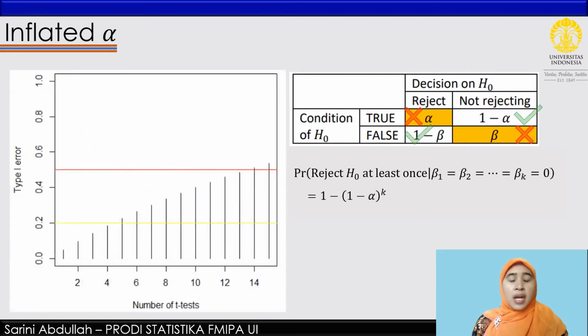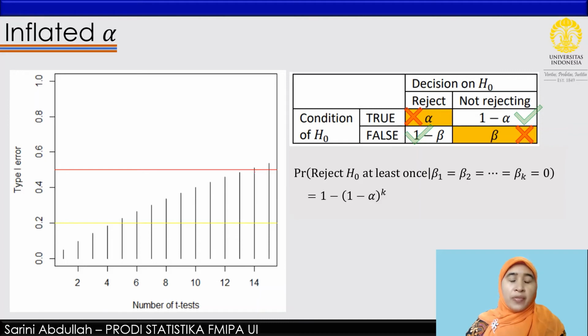Let's say here we did some simulation. If we have two predictors, three predictors, or four predictors to be considered whether they should be included in the model or not, we calculated the type 1 error. For four predictors, it means that we are doing 4 t-tests separately.